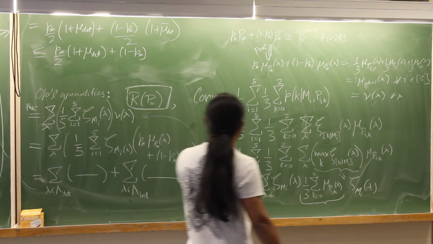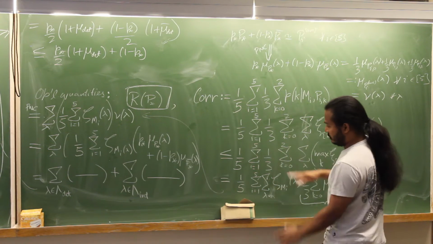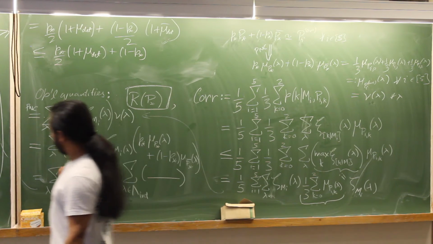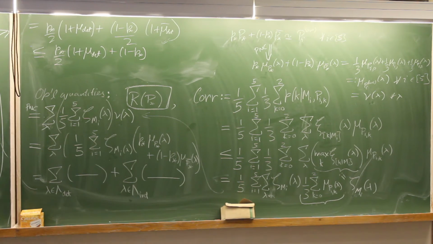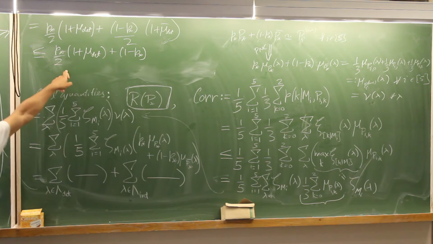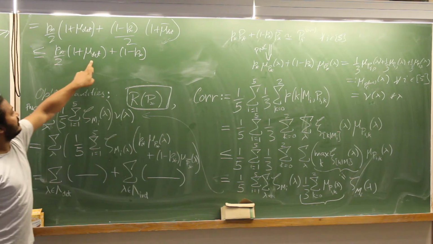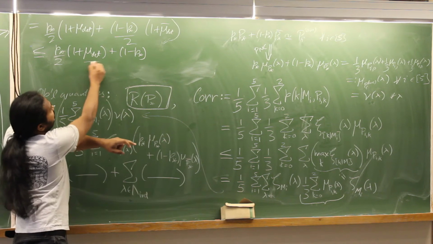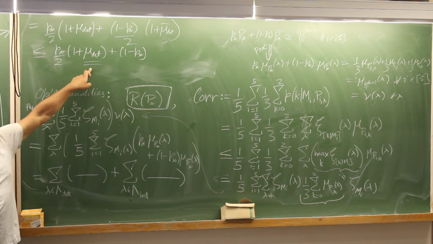So what did we do? We started with this core quantity. We went here, and then we went all the way to here. So we put an upper bound on the core quantity. But this upper bound is not an operational upper bound, because it depends on this quantity which comes from the hidden variable model, the ontological model, mu deterministic.